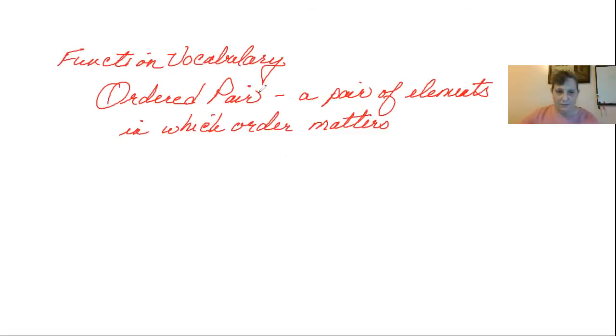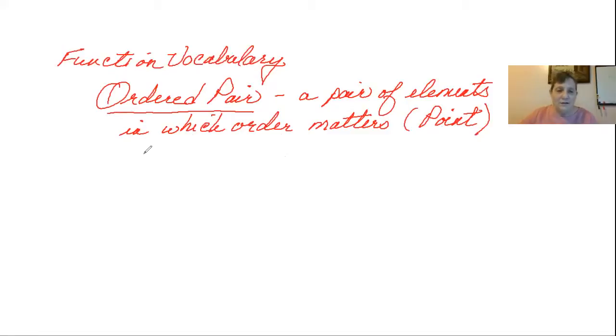Function vocabulary. First of all, we have an ordered pair. Now, mostly we call this a point. It actually doesn't have to necessarily involve numbers. It's any pair of elements in which the first one has to be the first one and the second one has to be the second one.